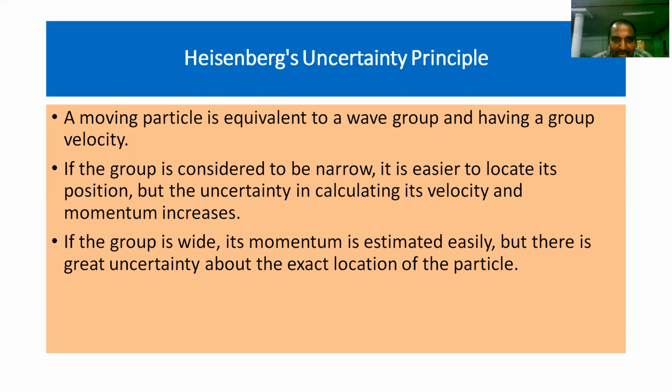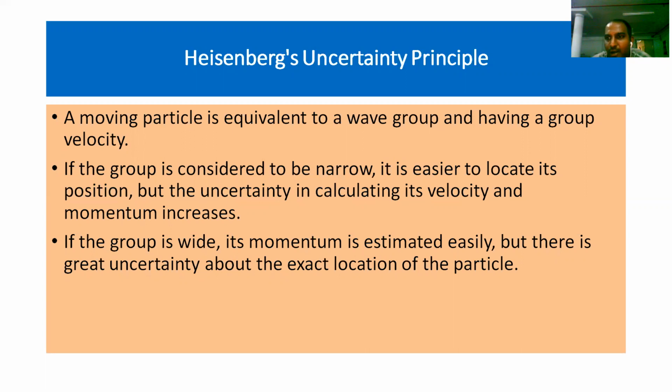If the group is considered to be narrow, it is easier to locate its position, but it is very difficult to calculate velocity and momentum. Why? Because if the particle is present in a small group, then such a group is moving with huge velocity. When the velocity is very high, the particle is moving very fast. As a result, the wave packet is also moving very fast.